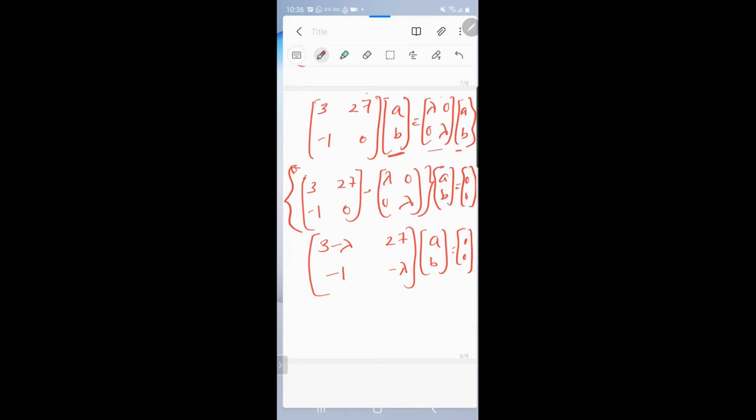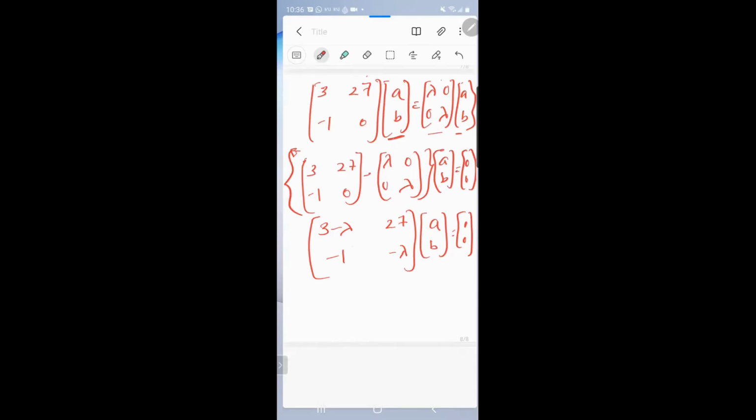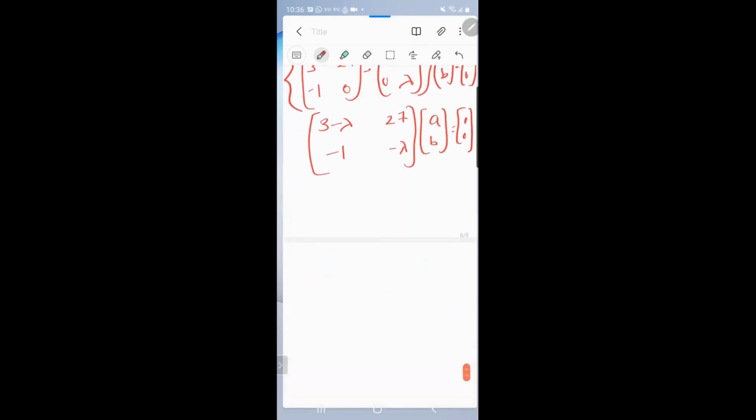Okay. So now that we have this, this is where I'm going to jump a little bit because we are already a little short of time in today's class. So the way to do this is by claiming that the only way this becomes 0, 0 is if the determinant of this particular matrix is 0.